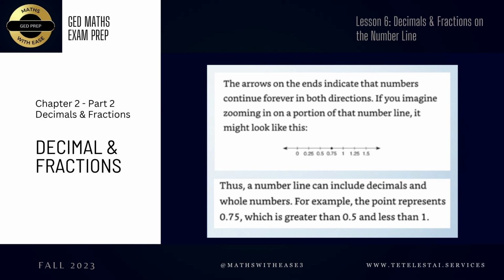And then moving to the right, 1.25, 1.5, 1.75, 2, and on. So a number line can include decimals and whole numbers.